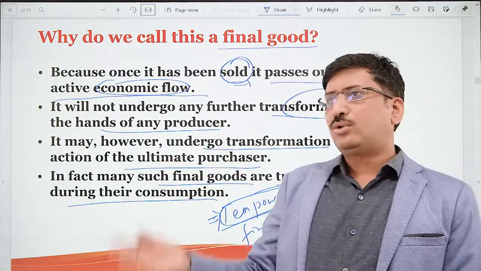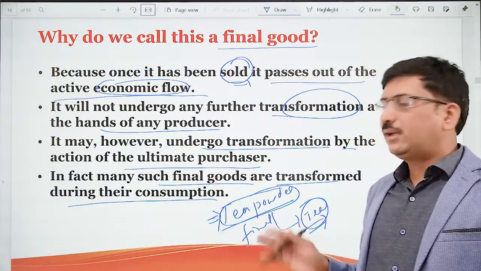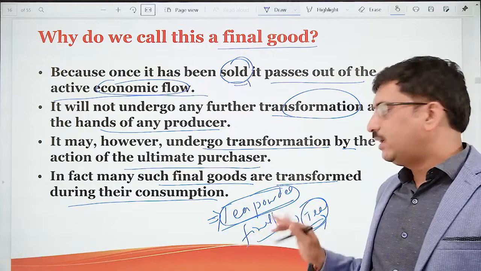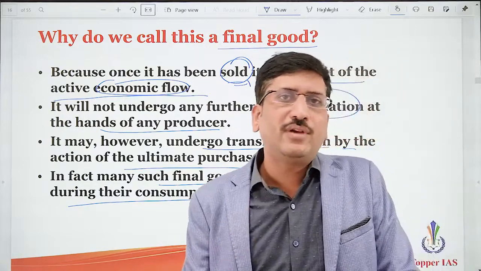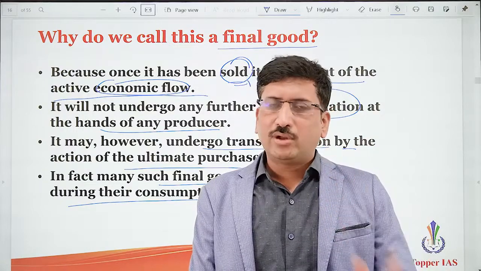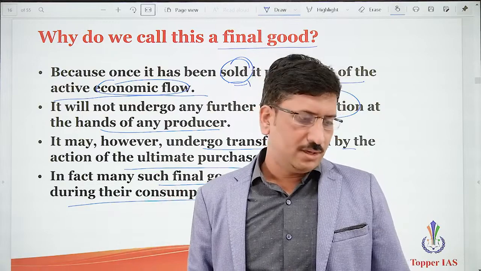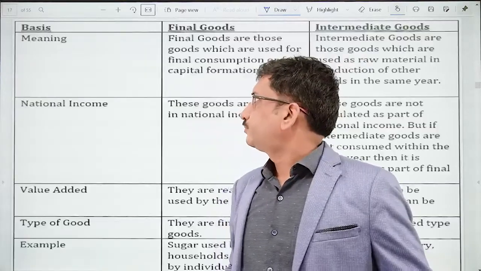Okay, with respect to the concept of transformation, we can say that wherever it may be, that final product, here tea, even in the home is considered a final good. But as we are studying economics, the economic concept says to look at where the last transaction happens. Okay, so fine.